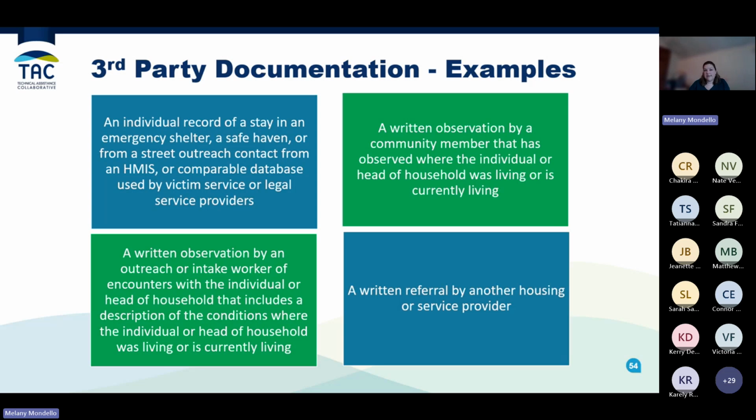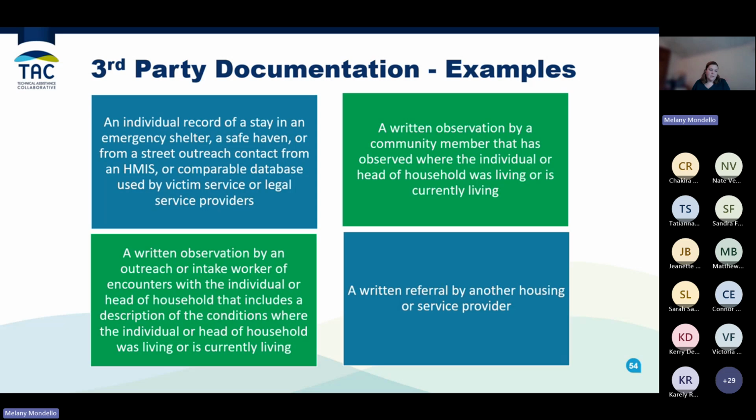It could be a record of the stay in the shelter that's in HMIS or the comparable database. It could be the observation, like I said, from the outreach worker that describes where someone's living. It can be a written referral from another housing or service provider if they have direct knowledge. Maybe they're the shelter provider, maybe they're the one working with people in unsheltered situations. It could also be, in this top right corner, an observation of a community member.